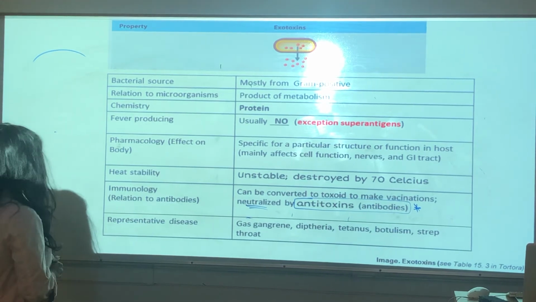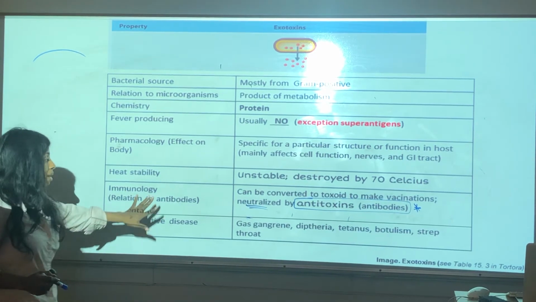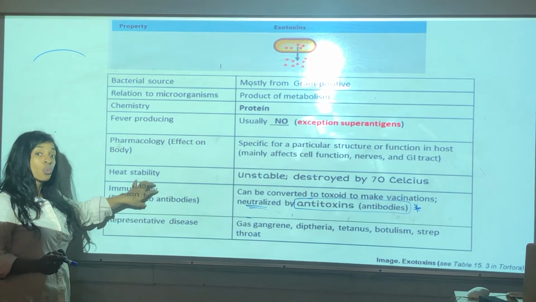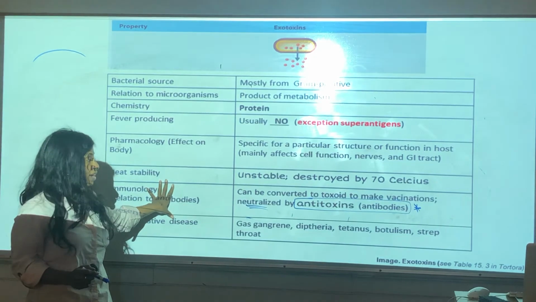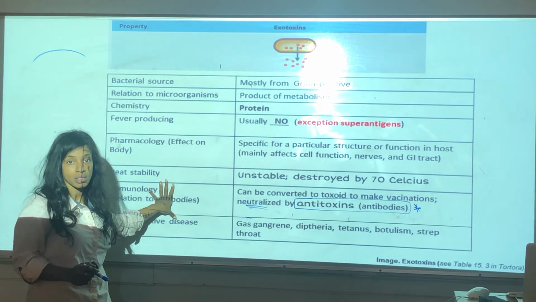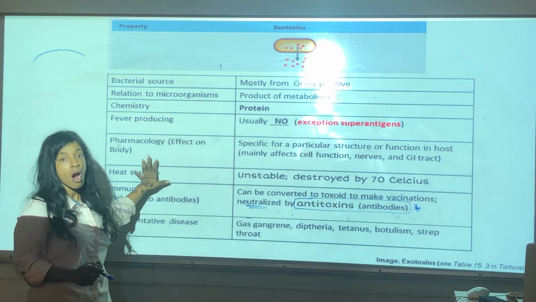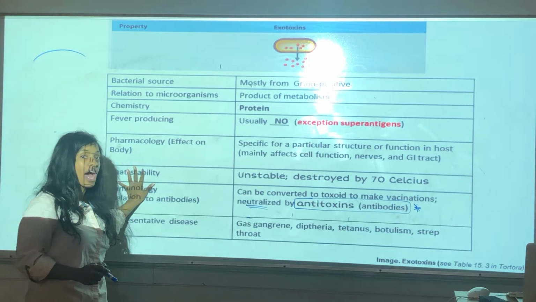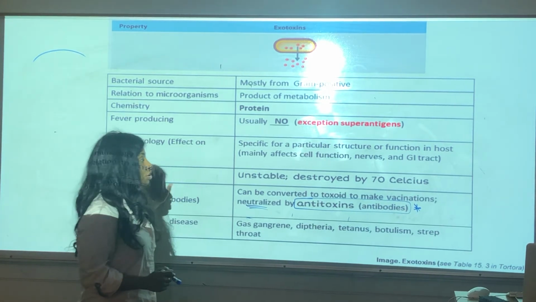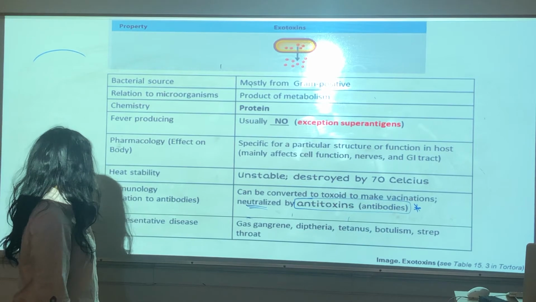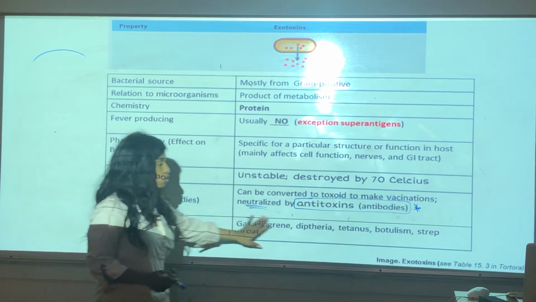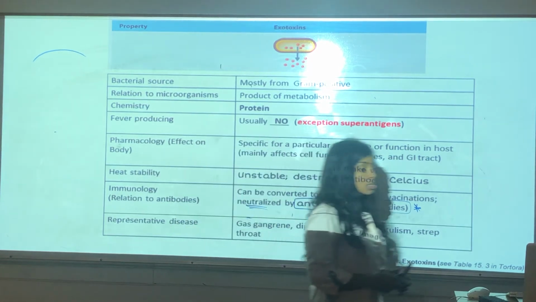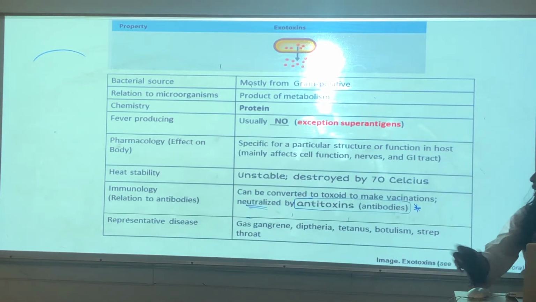So you will make antibodies to slow or stop the effects of these exotoxins. What a great feature that our immune system has already devised a strategy to deal with these exotoxins as they're in the body. These are different diseases caused by exotoxins, and we'll get to see many of them later on.